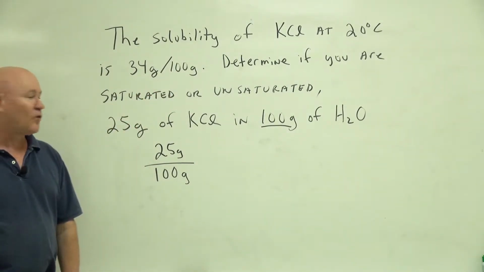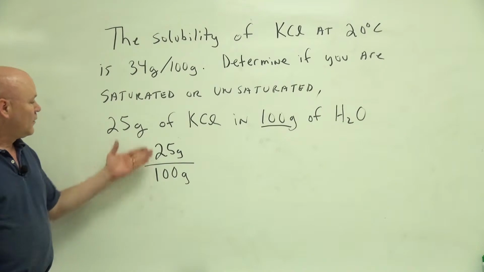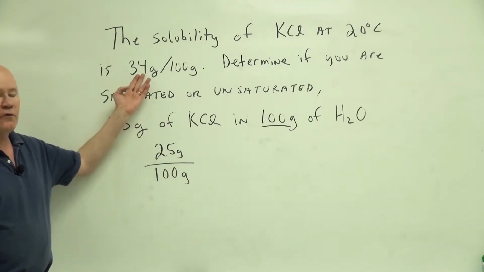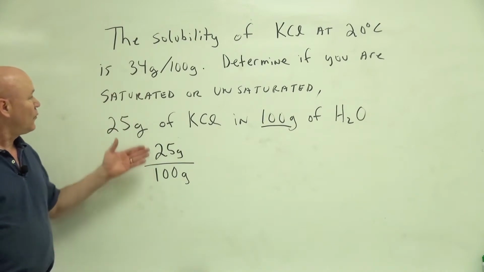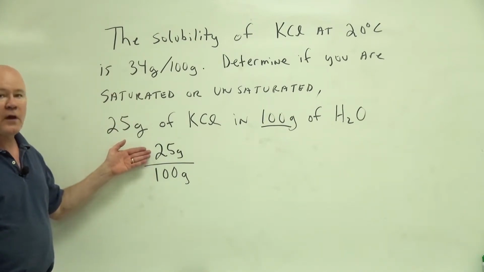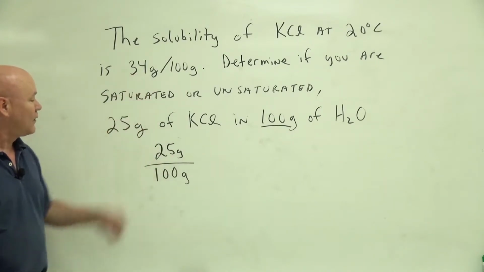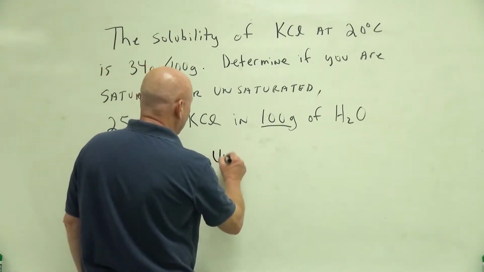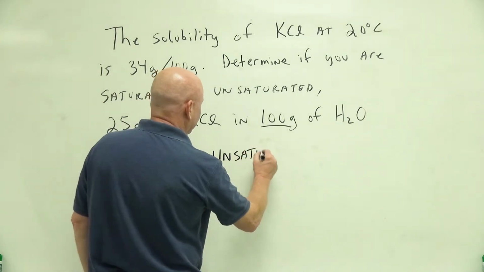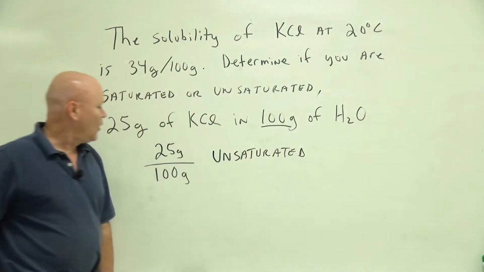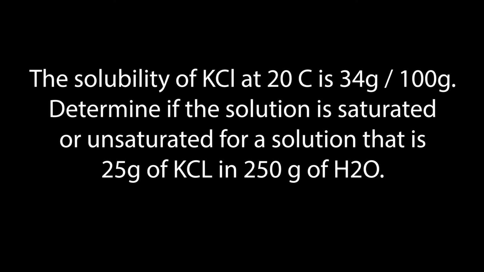So we have to ask ourselves, is 25 grams per 100 grams less than or greater than 34? It's less than, which means we have room for more that we can add in. Specifically, we've got room for 9 more grams. So this is unsaturated.